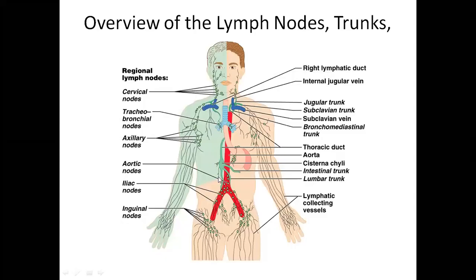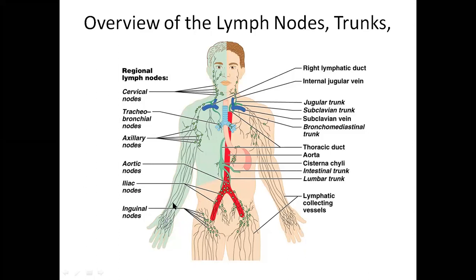Now let us see the overall view of the lymph nodes and trunks. In my initial class on the lymphatic system, I hope you remember me telling that the lymphatic system is something like an assistant to the venous system. Whatever lymph is left out in the tissue spaces is collected by lymphatic vessels.